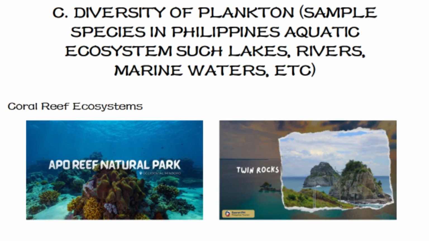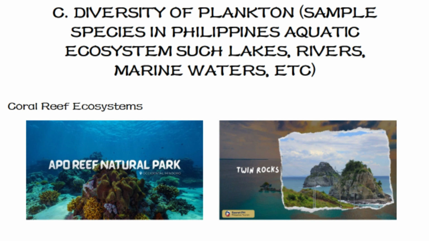The coral reef ecosystem. First, we have the Apo Reef Natural Park and the Twin Rocks. This Apo Reef Natural Park is located off the coast of Occidental Mindoro and is the largest contiguous coral reef system in the Philippines.